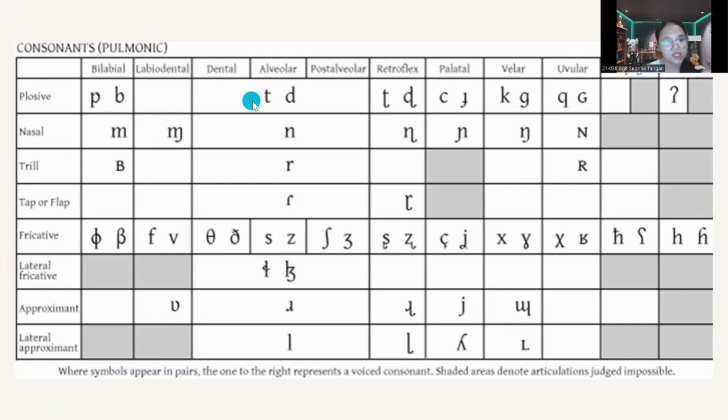P, T, S, and Ch, K are voiceless consonants, which are on the left side. And B, D, N, R are voiced consonants.